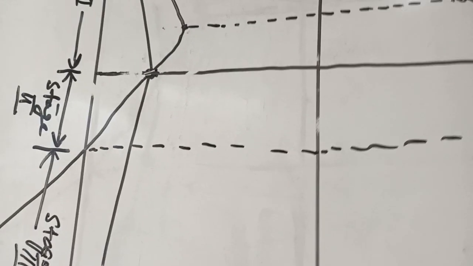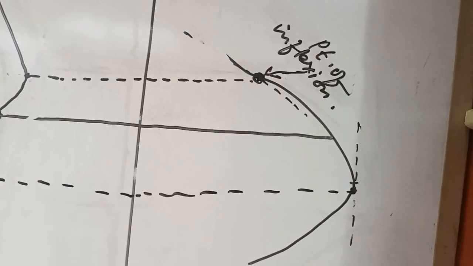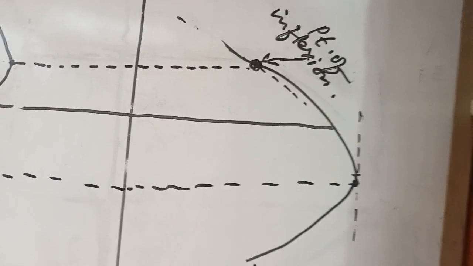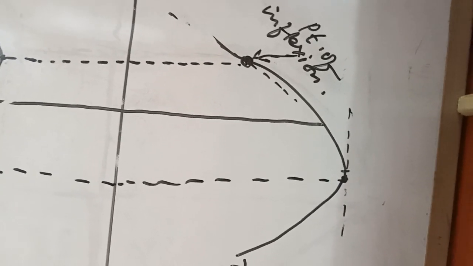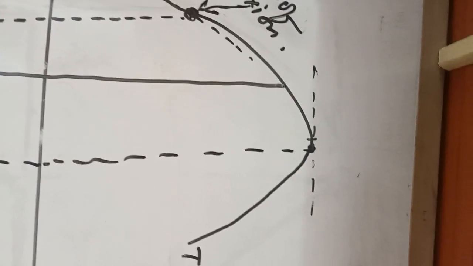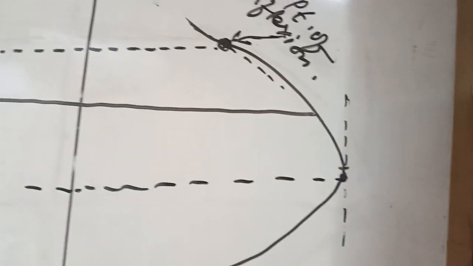Now stage 2, the stage of diminishing returns. In stage 2, the total product continues to increase at a decreasing rate, and at the end of stage 2, total product reaches the maximum and is just about to fall.